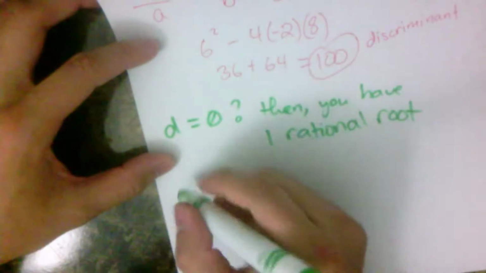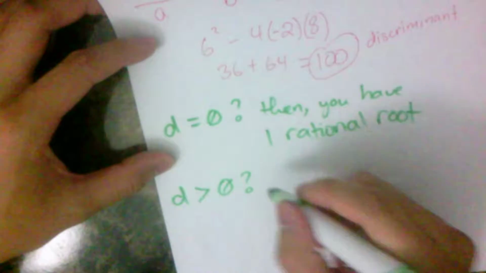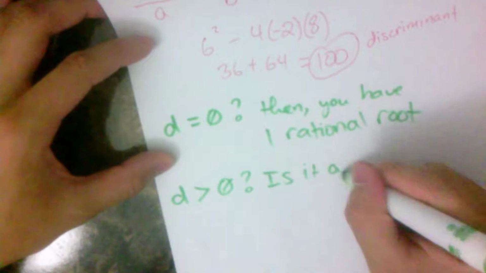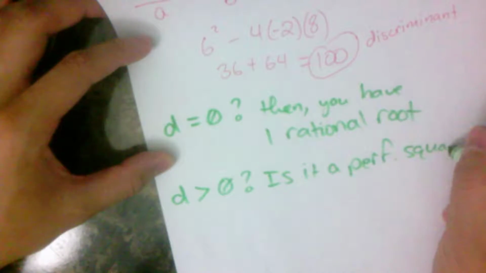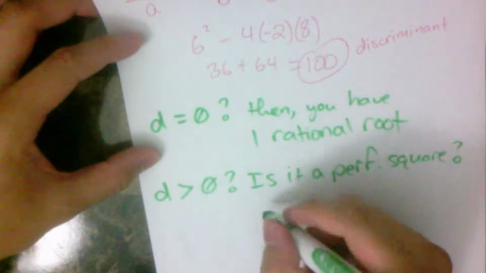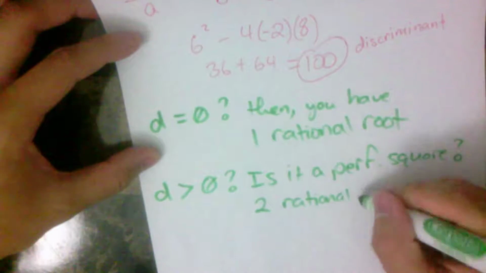If the discriminant is greater than 0, you then have to ask yourself, is it a perfect square? I'm going to shorten this a little bit. Okay, so is it a perfect square? If it is, then hooray, you have 2 rational roots.